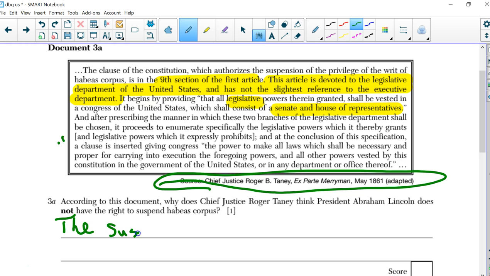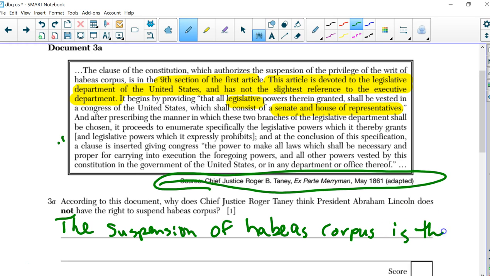The suspension of habeas corpus is the responsibility of the legislative branch, right?